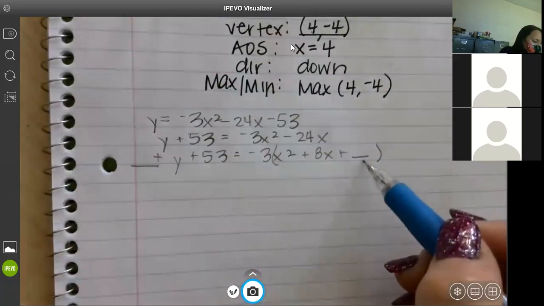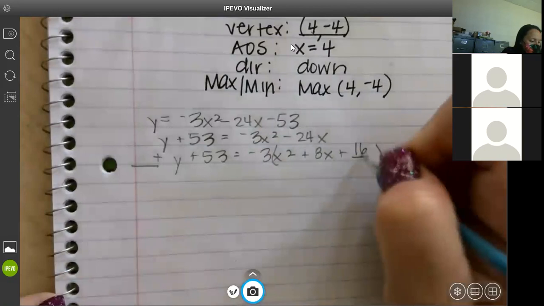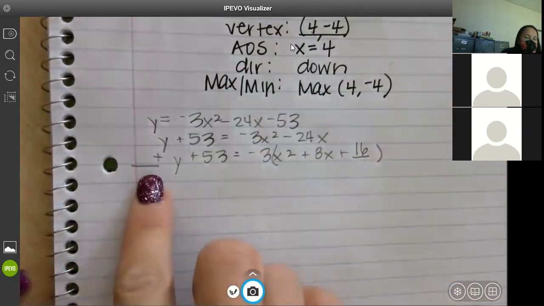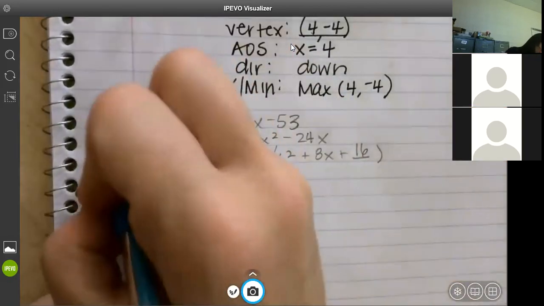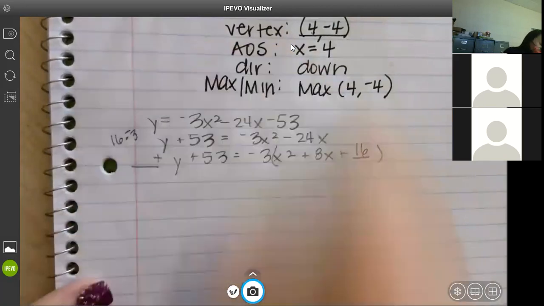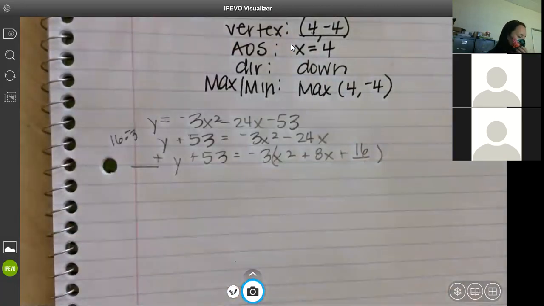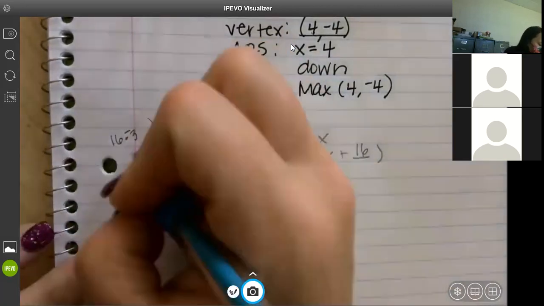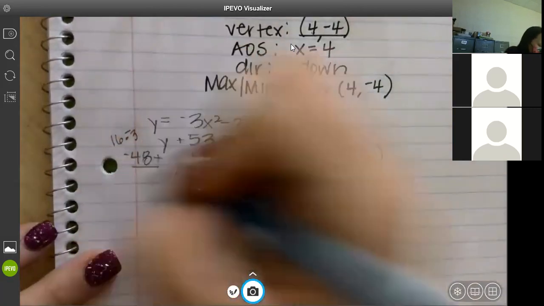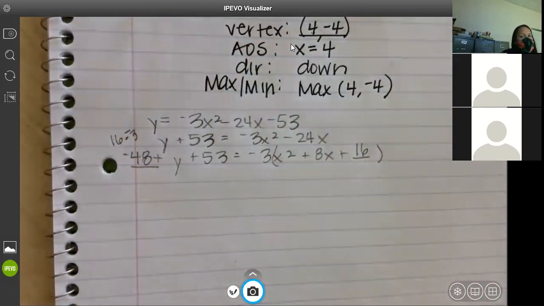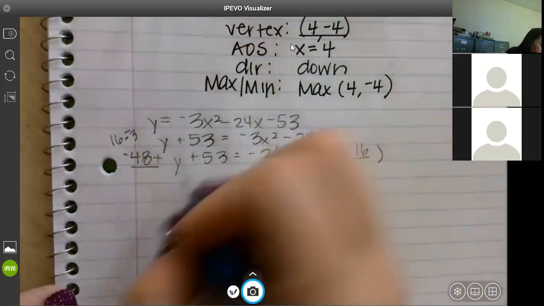Same thing we did last time with 16, but on this one, what do we have to have? 16 times negative 3. Negative 48. Clean it up. Negative 48 plus 53.